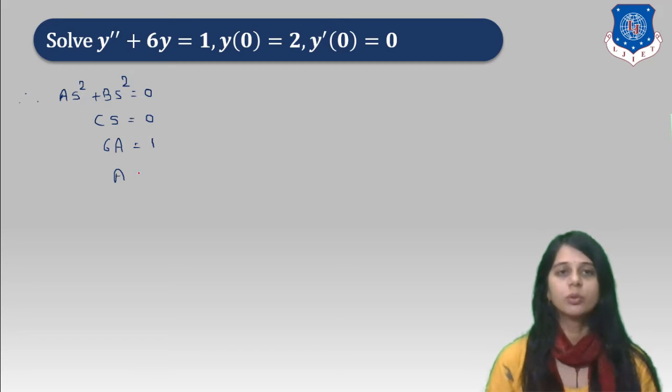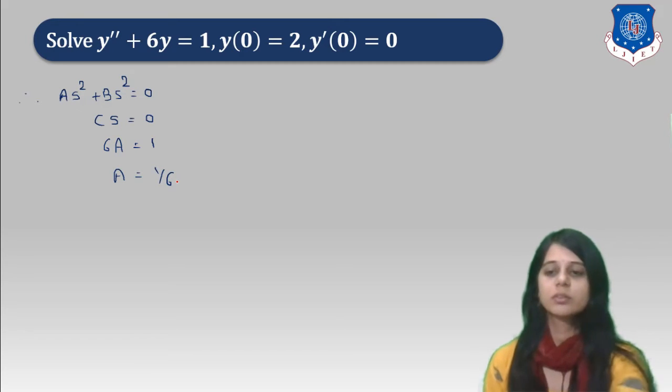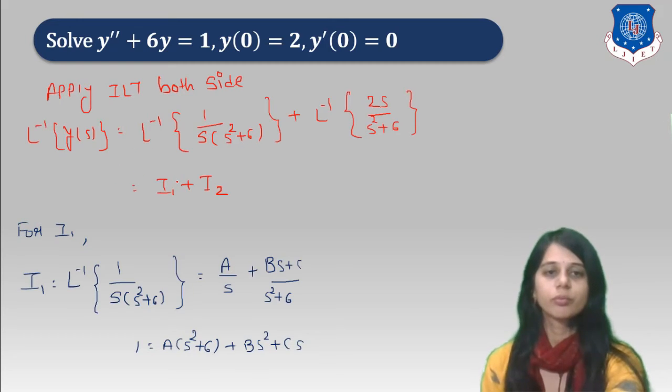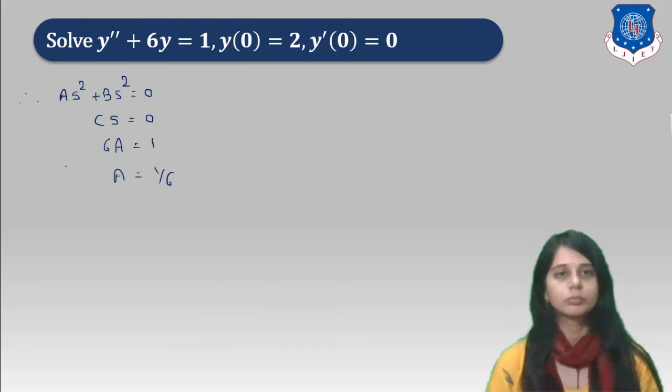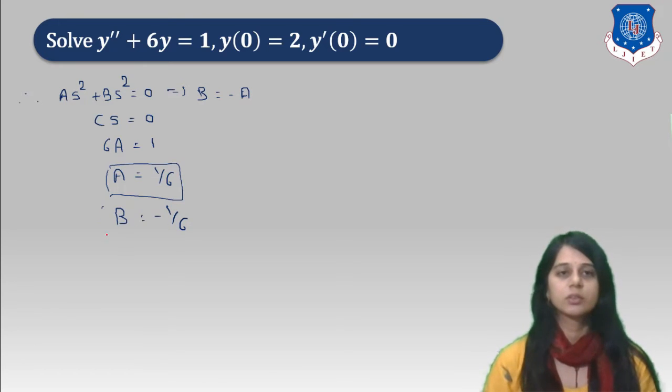So a equal to 1 by 6, from here b equal to minus a, so b equal to minus 1 by 6, and c equal to 0.